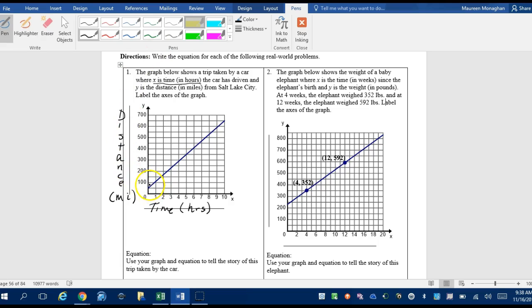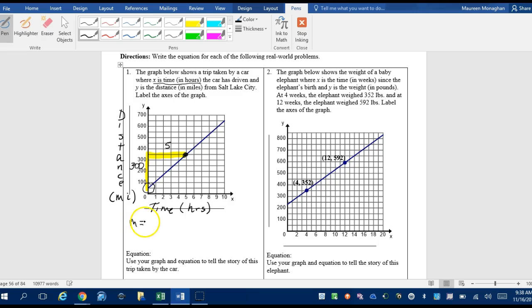Well, it looks like the y-axis is here, or the y-intercept, and it goes up, and I feel like it hits about right here. Okay, so the rise is going to be up and over. Let's count. So that's 50 to 350, so that's 300, the rise, and it looks like it goes over 5.